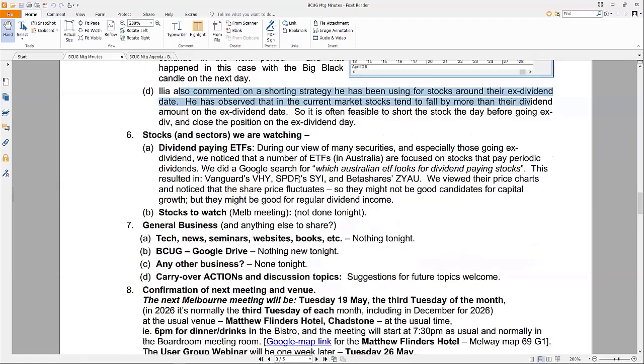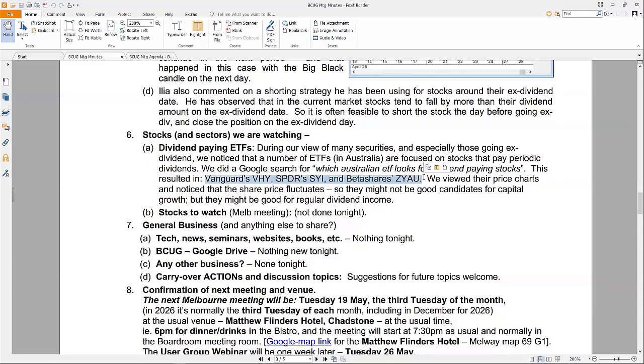In the discussion that we had last week about dividends and ETFs, something came up that triggered us to do a Google search for which Australian ETFs look for dividend-paying stocks. And we found three that came up in the Google Gemini AI response.